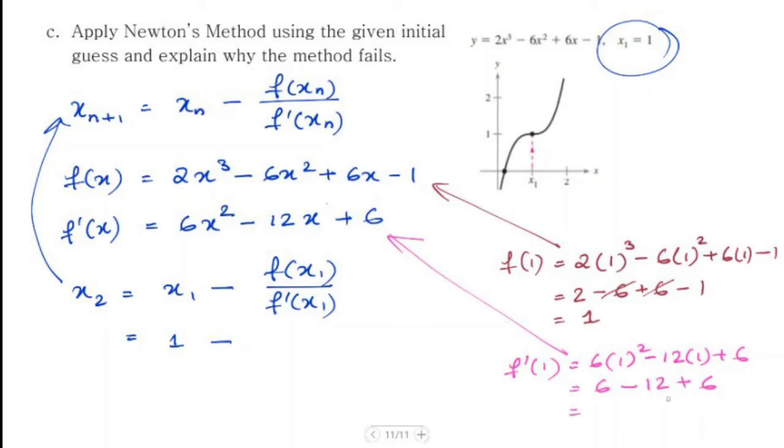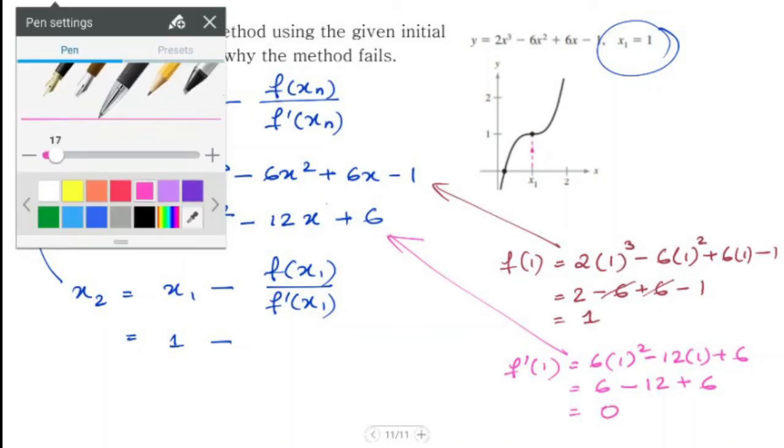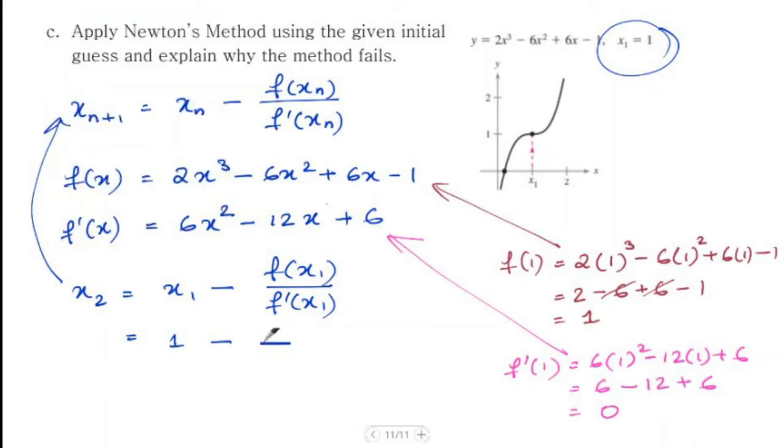So here now we have 6 minus 12 is minus 6. Minus 6 plus 6 is equal to 0. Okay, now if we place the values into the formula, we have f of 1 is equal to 1, divided by f dash of 1 is equal to 0.